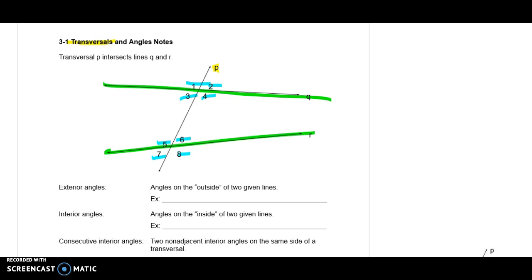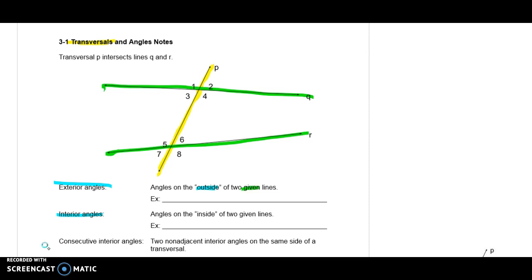Now there's pair names that we need to go through to make sure we can cover it all. So this whole section today covers all the names and where they are located. Before we can get to the specific names, we need to understand what it means to be exterior and interior angles. Exterior are the angles on the outside of two given lines.